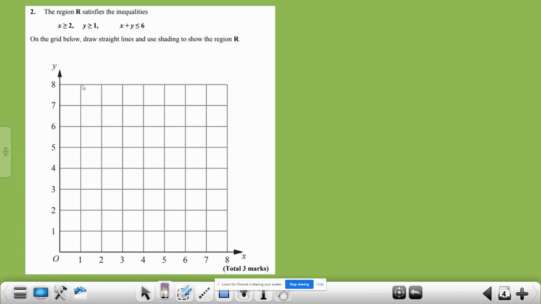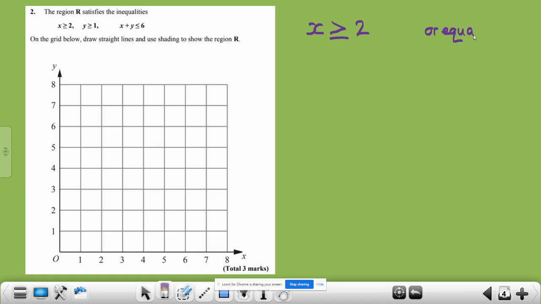Okay, so in this one it says slightly different again. We've got x is greater than or equal to 2. So slightly different. In our previous one, we were told that y was greater than minus 4. Here we've been told that x is greater than or equal to 2.